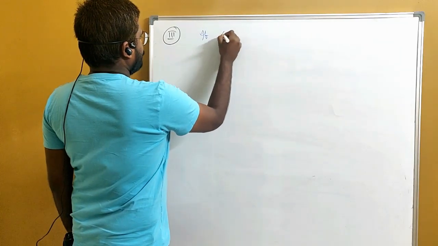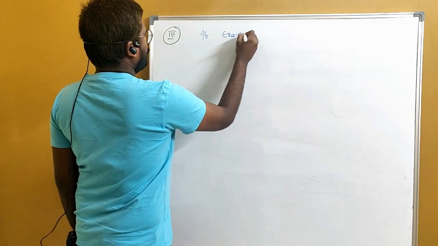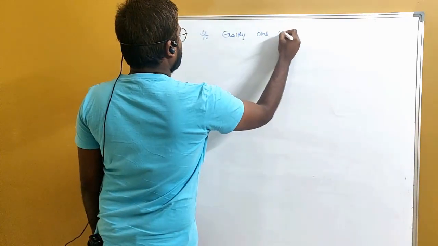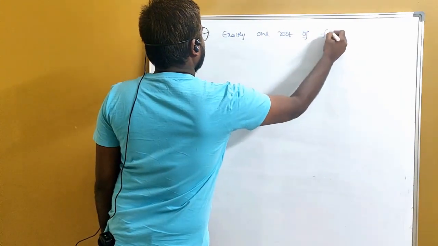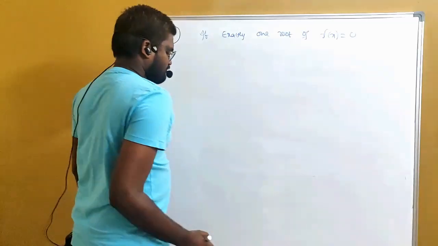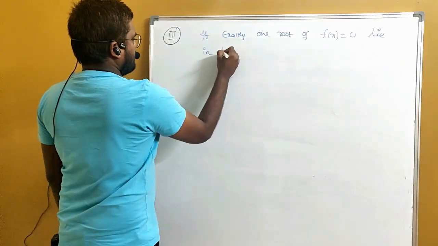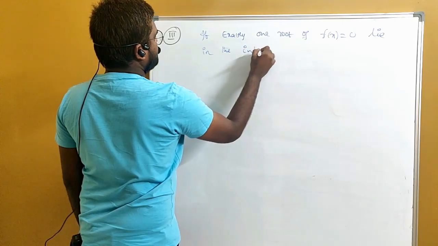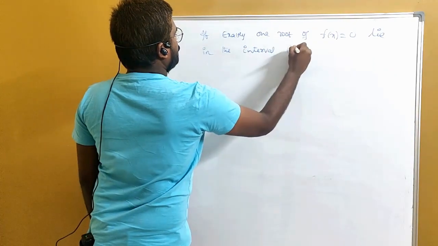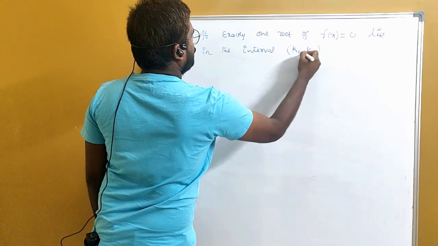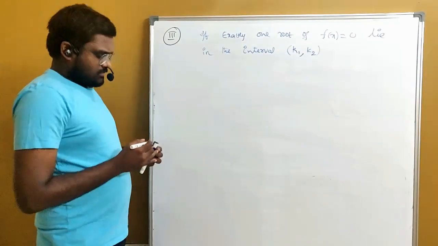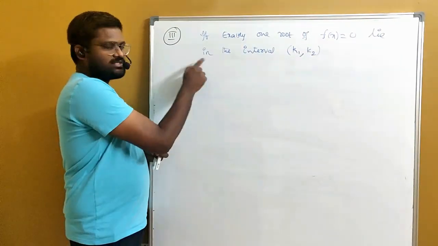If exactly one root of f of x equals 0 lies in the interval k1 comma k2, open interval. Understood? So this is case 3.